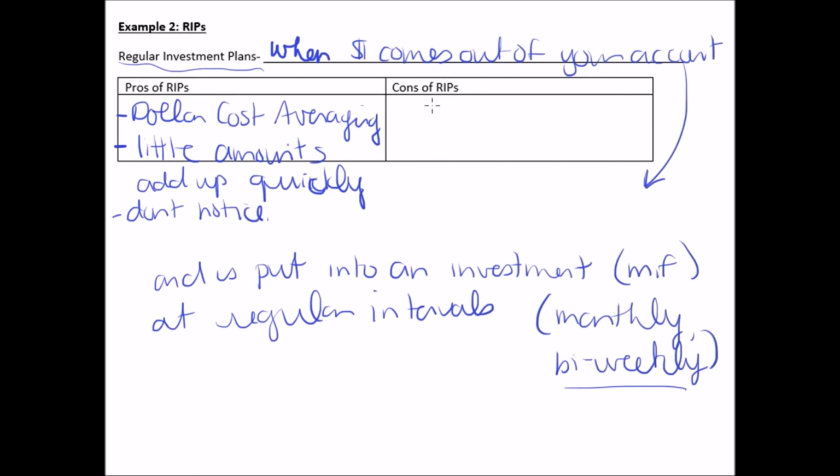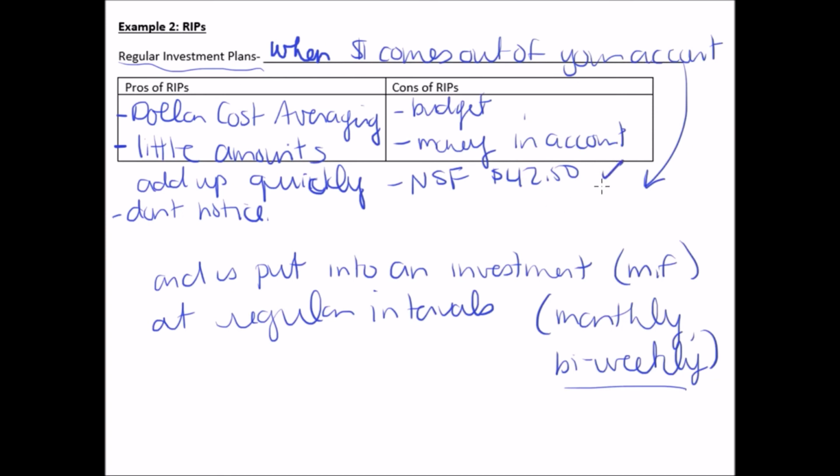Okay, cons of regular investment: you have to schedule it into your budget. So you actually have to do your budget and live without it. Also, money must be in the account, because if not, the financial institution is going to try to pull it out, and then you're going to get an NSF charge, an insufficient funds charge, which is right now currently $42.50, maybe $45, around there.